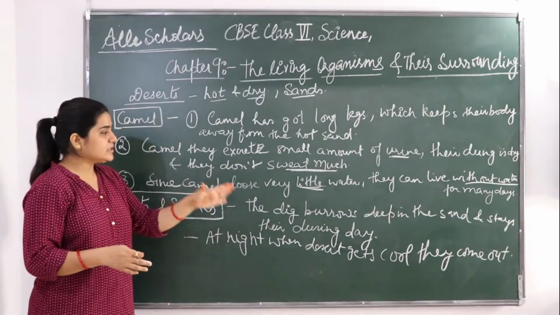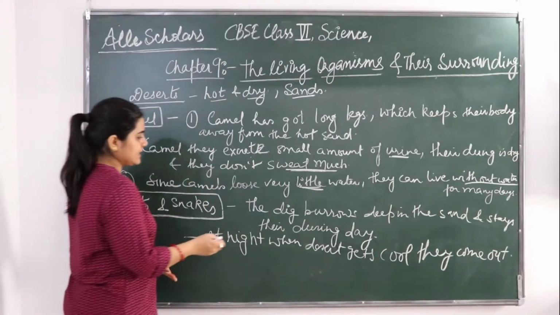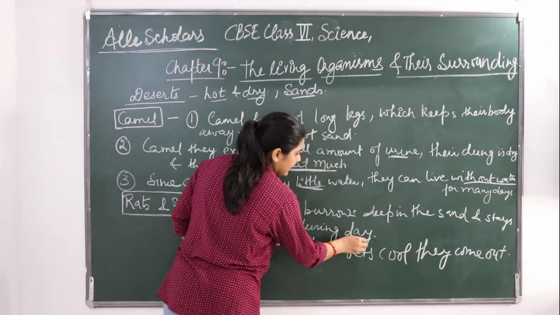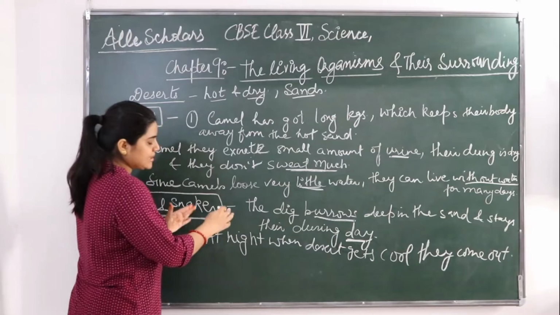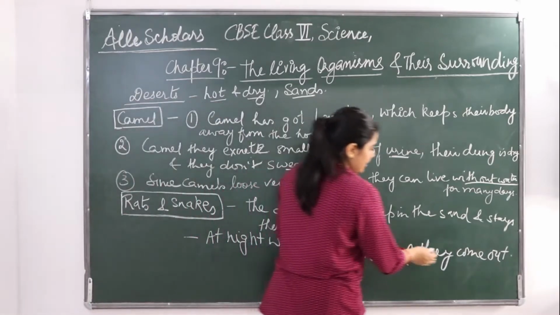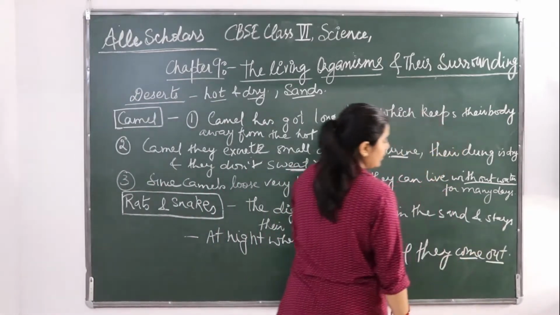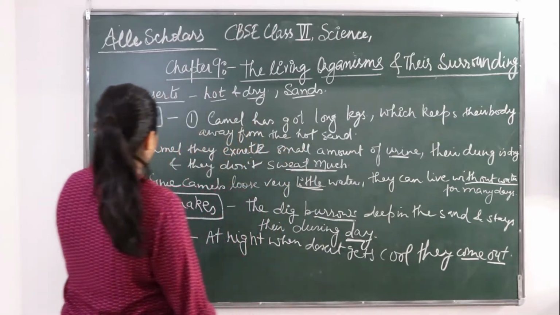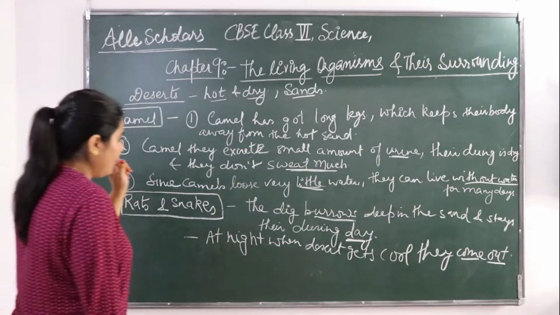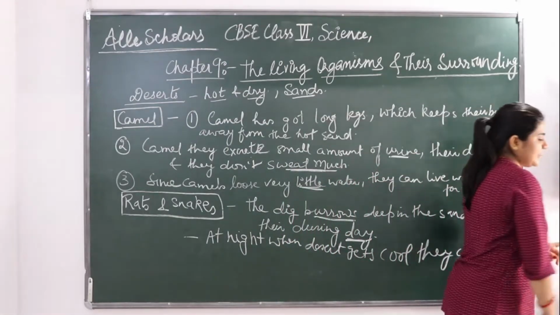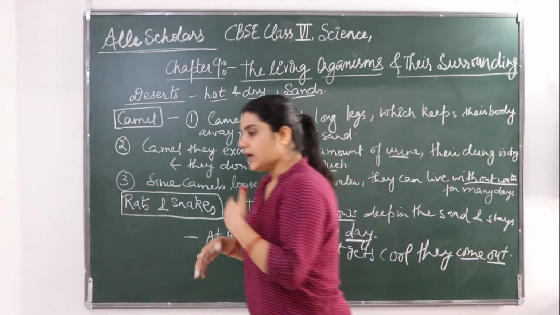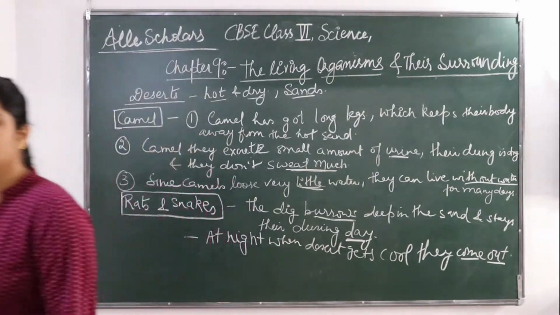They dig burrows deep in the sand and stay there during the day. Daytime में ये कहाँ रहते हैं? burrows में. और night में जब night cool हो जाती है, then they come out. Okay? So this was about the animals of desert land. Now we are going to talk about the plants that are present in the desert land, how they adapt to desert.